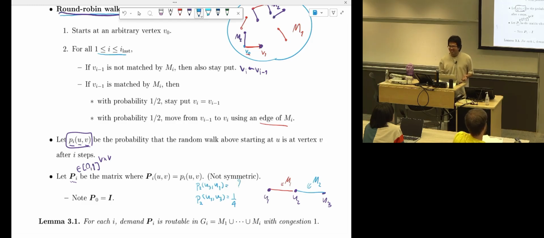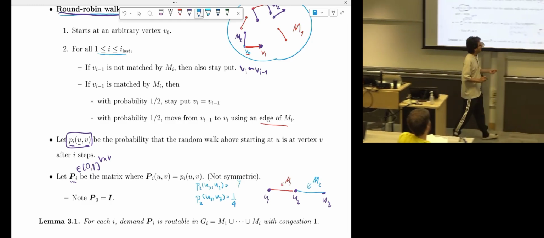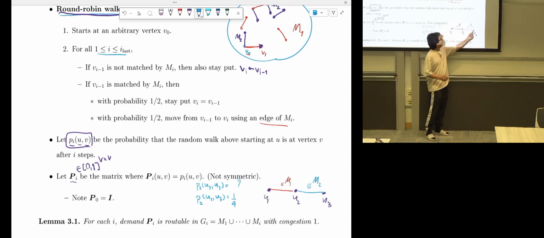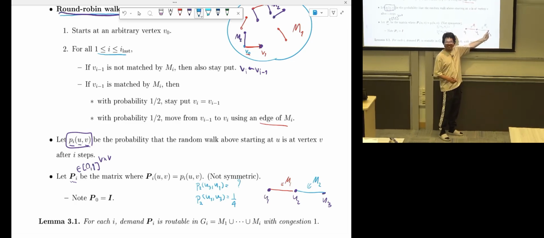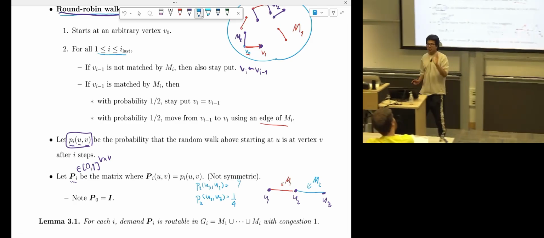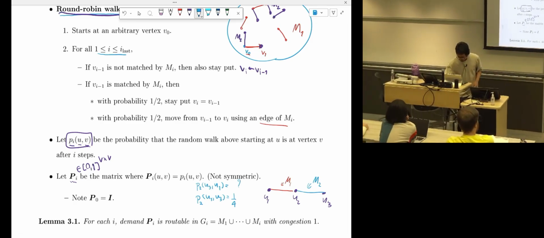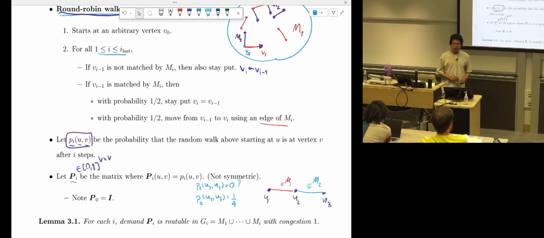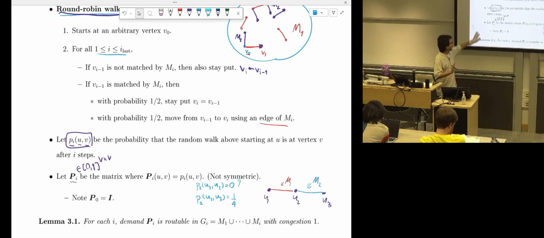It's 0. Because at round 1 you cannot walk anywhere, and at round 2 you walk to here with probability half, so you cannot even reach u1. Make sense? This is 0. So it's not symmetric, but it's just some matrix.